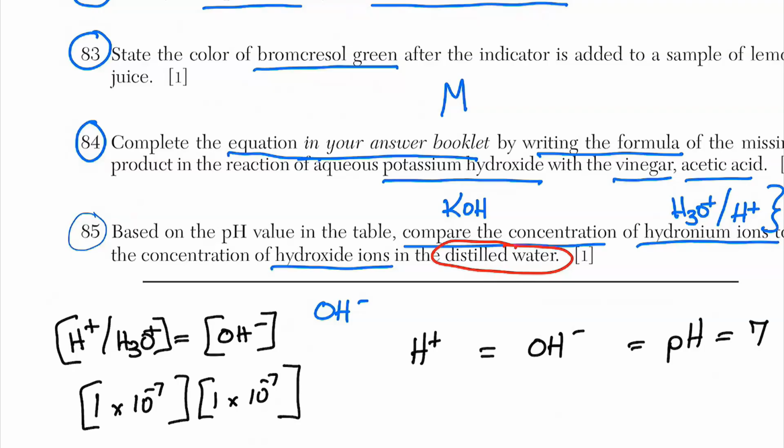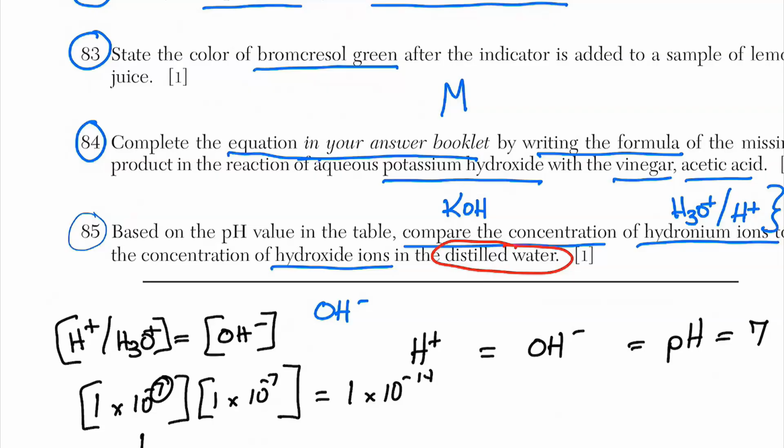How do they know? Because they multiply this together and they got 1 times 10 to the negative 14. So pH became the positive value of the negative log of that number, so of course the pH is 7. There's more of that in a higher level course, but in your course, equal amounts of OH and H plus, or a pH of 7, is neutral. That's all you need there.